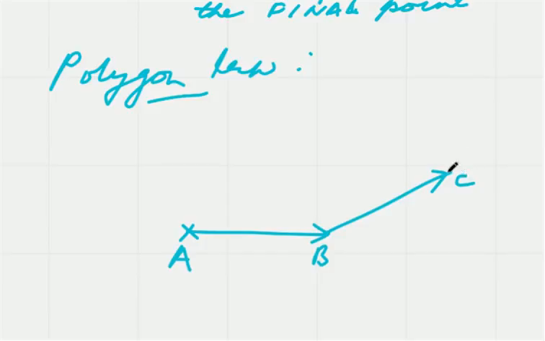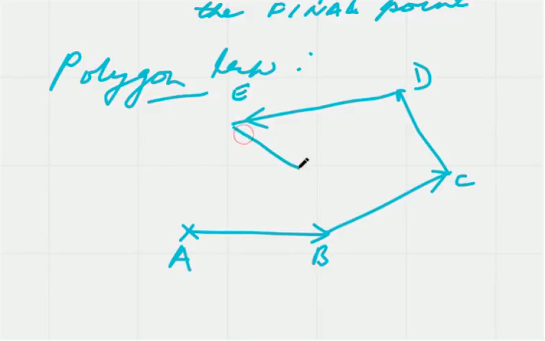End point of the second vector, which is C, is the start point of the third vector, CD. End point of the third vector is the start point of the fourth vector, DE. And end point of the fourth vector, which is E, is the start point of the fifth vector, EF.